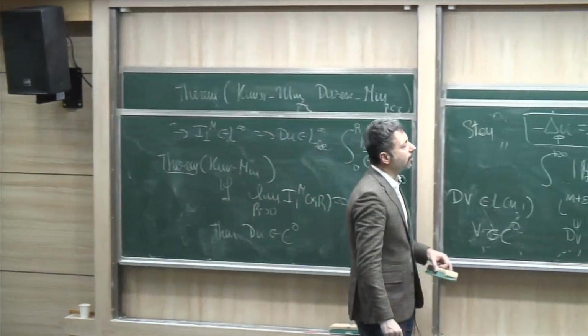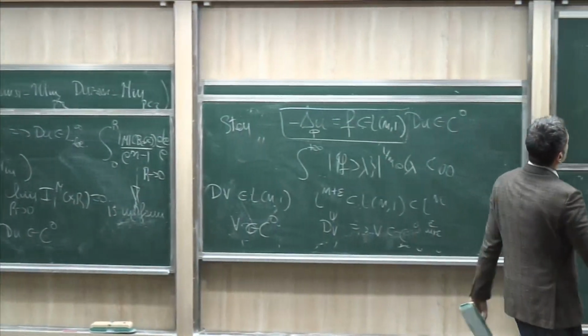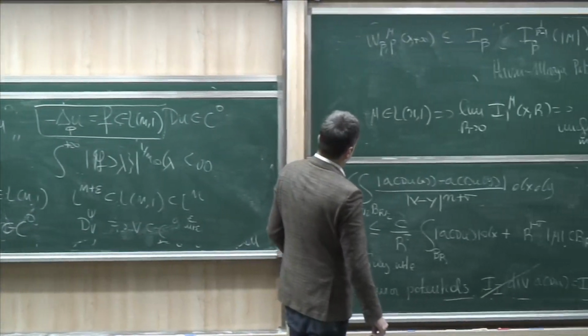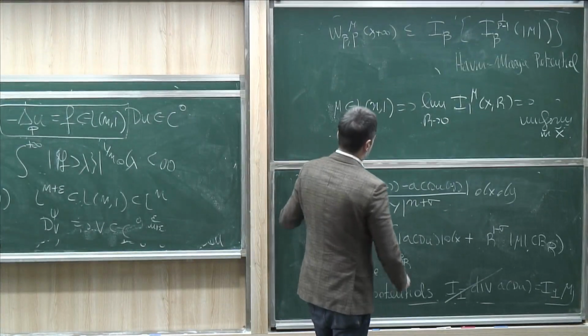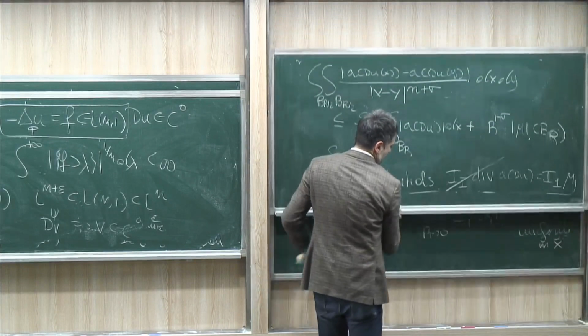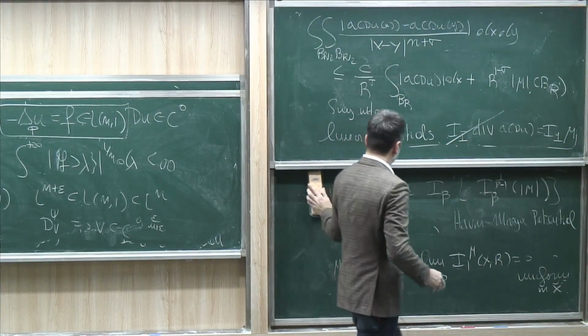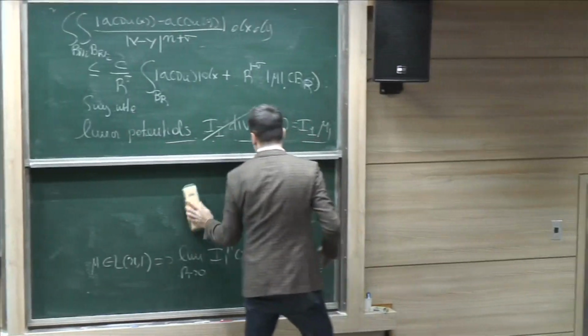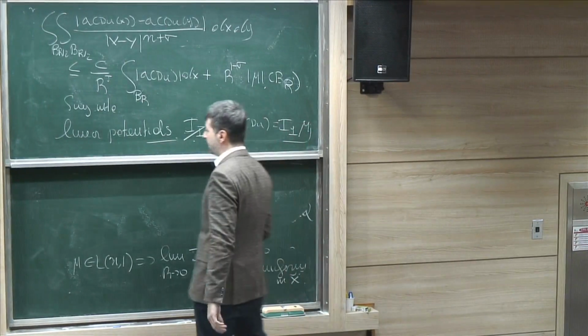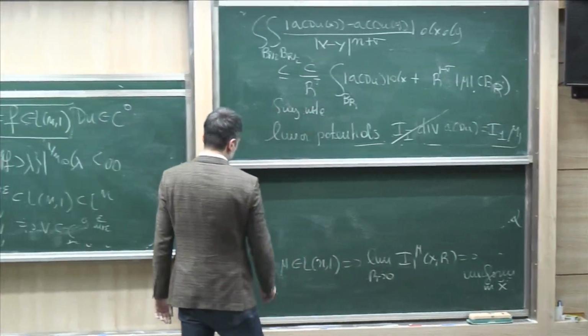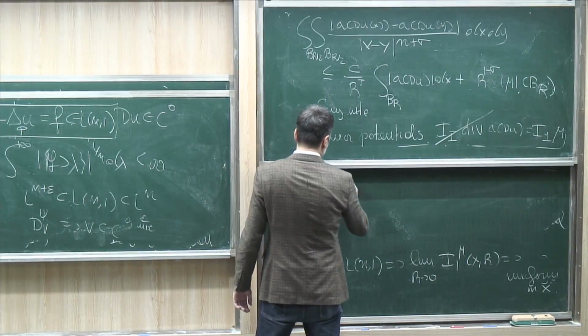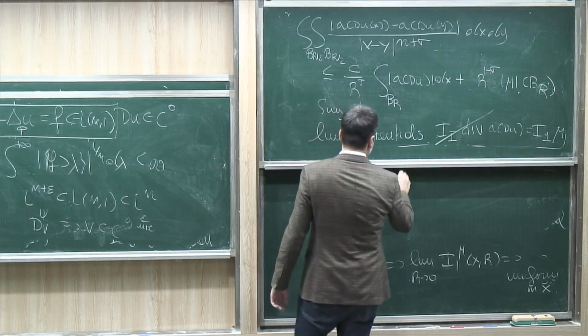And if you want to see more gradient oscillation estimates, you should look at two papers. These are the last two papers I'm mentioning, both by Kuusi and myself. The first paper is called Universal Potential Estimates.